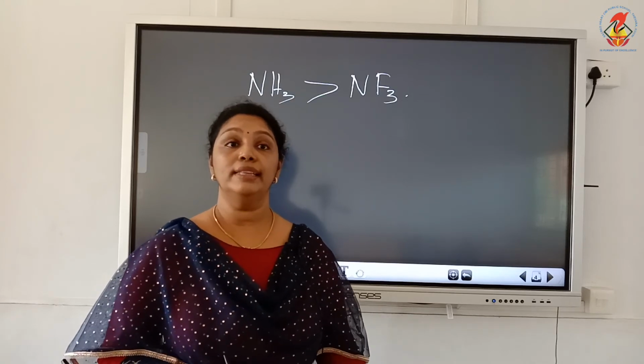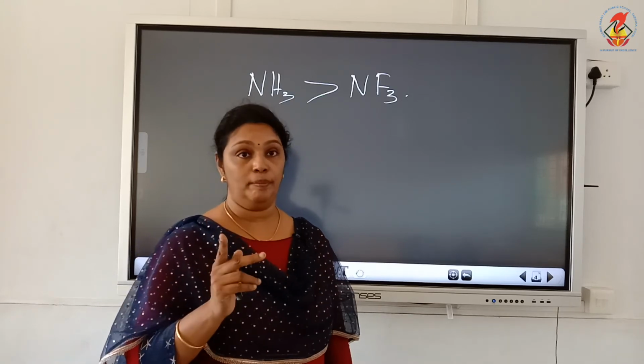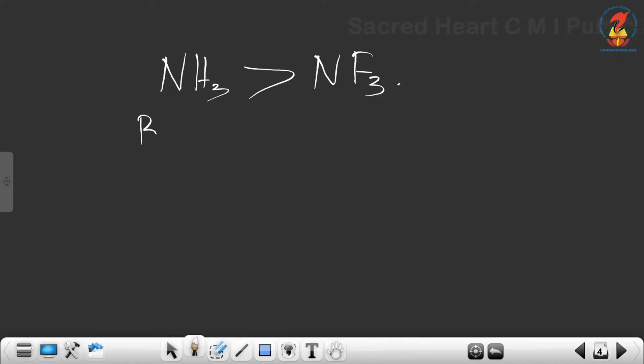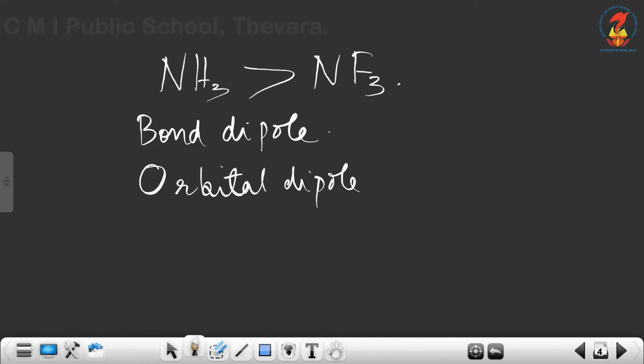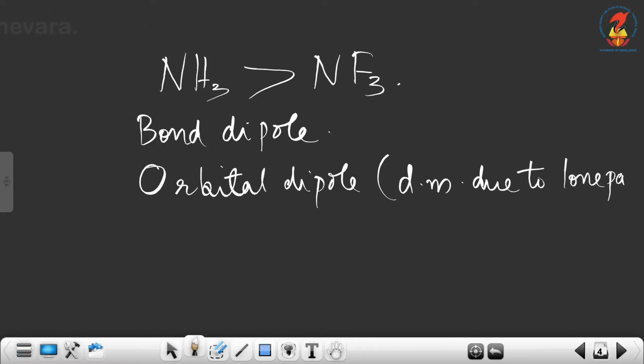Okay, now in this case there are two dipoles. One is bond dipole. You know what is bond dipole? Bond dipole is the dipole moment due to an individual bond. Second is orbital dipole. Orbital dipole is the dipole moment due to the lone pair of electrons.